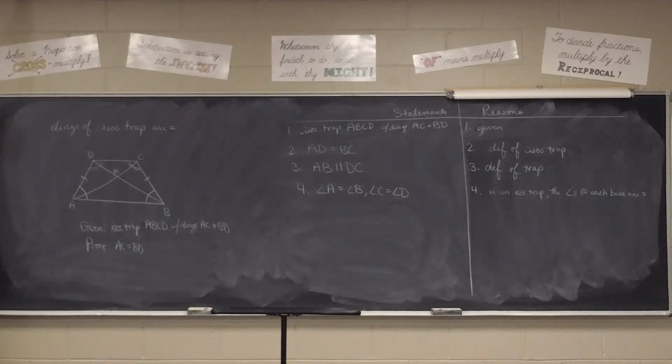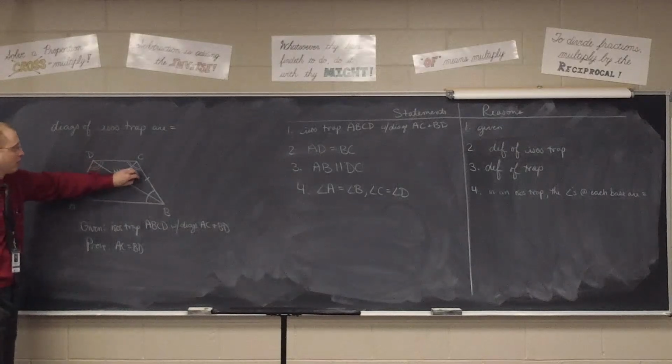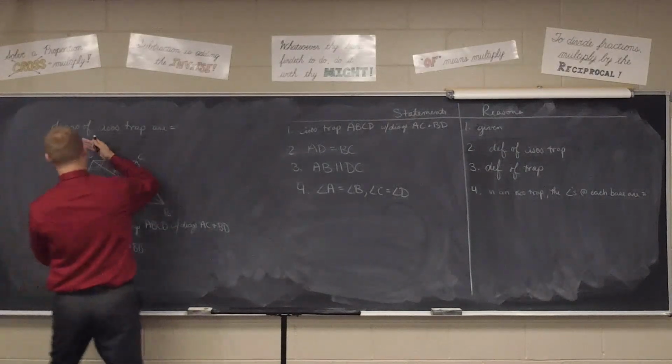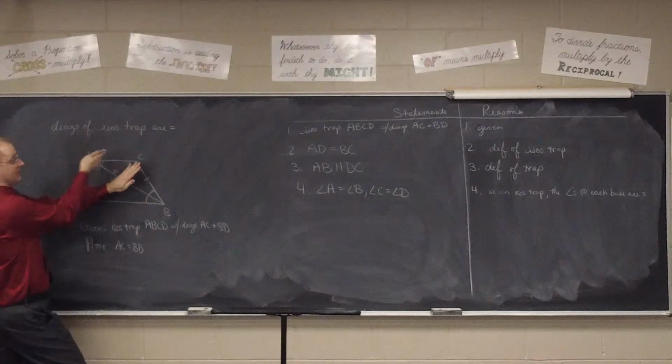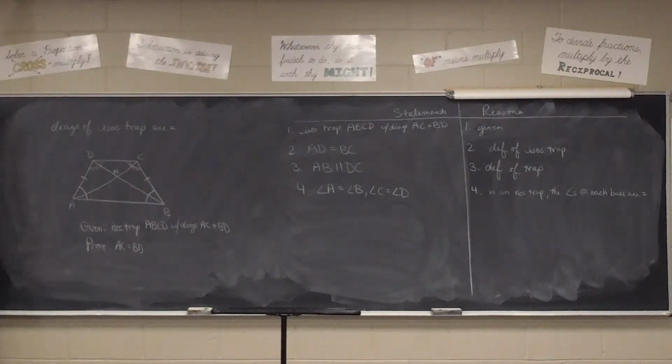So if we could prove triangles congruent, we have two triangles congruent, right? I see 1, 2, 3, 4, 5, 6, 7, 8 triangles.